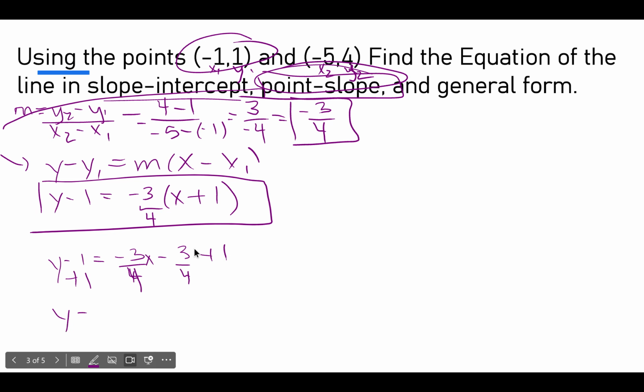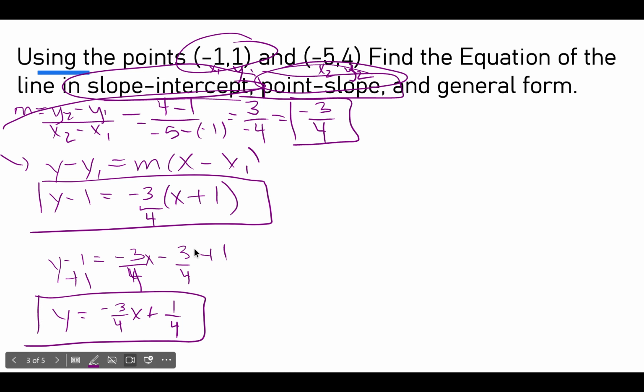So I'll have y equals -3 over 4x plus, I believe it's 0.25, but let's just double check. Just need my calculator really quickly. So 3 over 4, which was negative. Yes, so that would simplify, if I keep a fraction, to 1 over 4, and it would be positive. So that is slope y-intercept form.